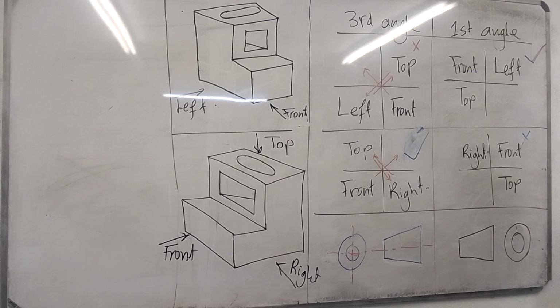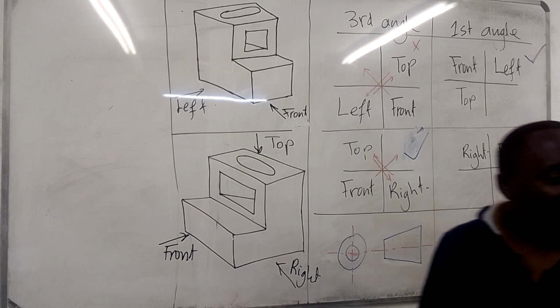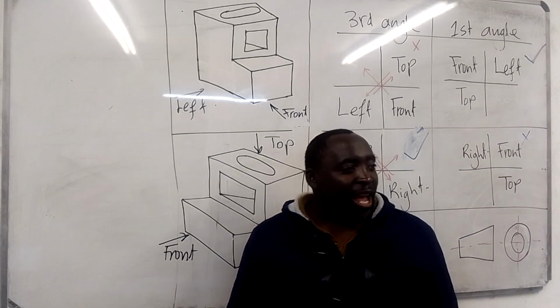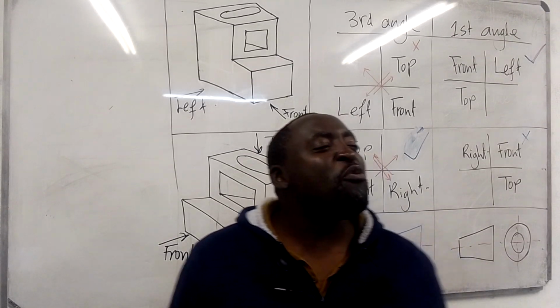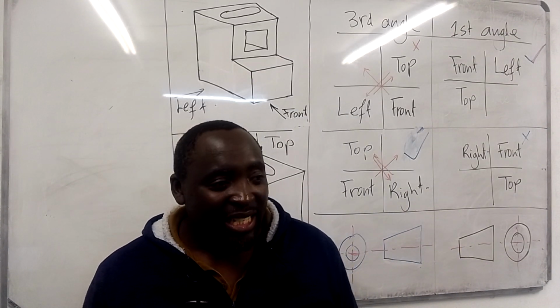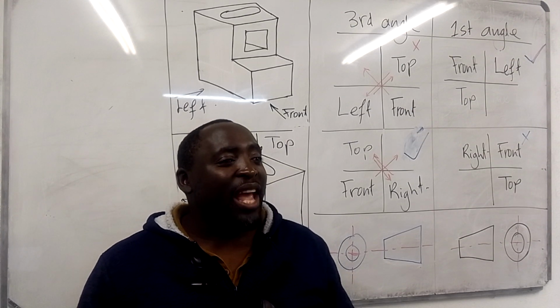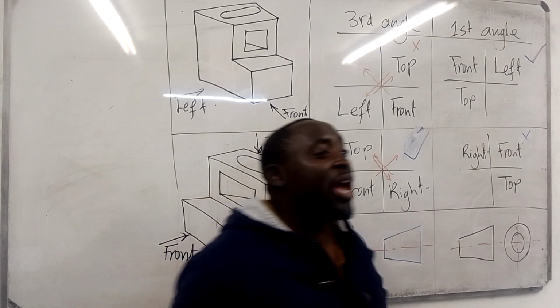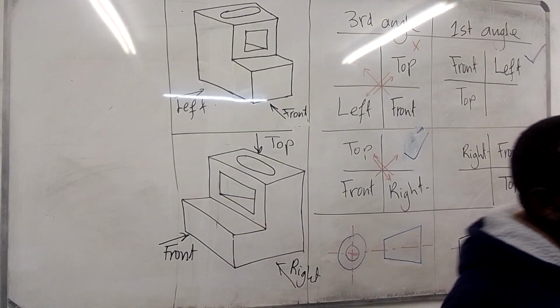We use this at all levels in drawing. In all the fields: structural, piping, building, mechanical, marines, aeroplanes, everywhere. These drawings are used massively. You cannot be a good engineer if you don't know how to read drawings. It means you are a theoretical engineer.